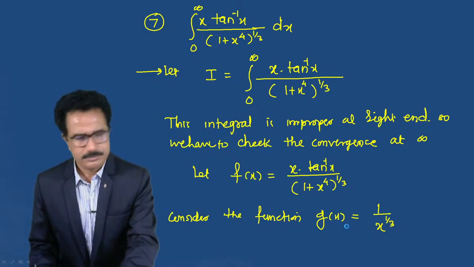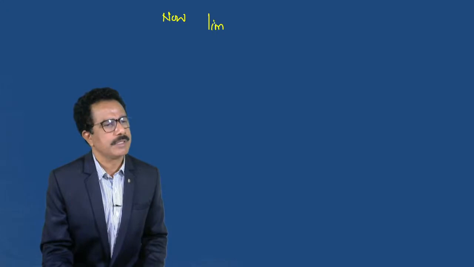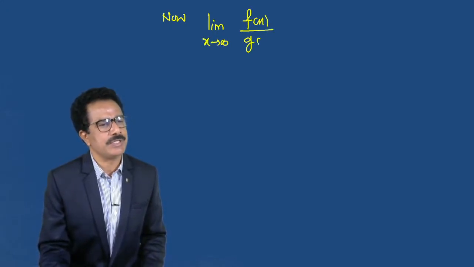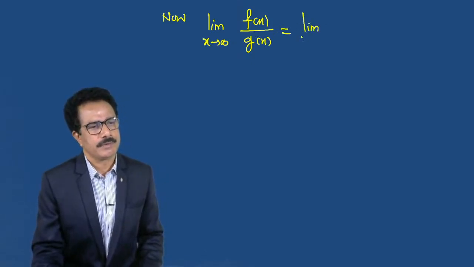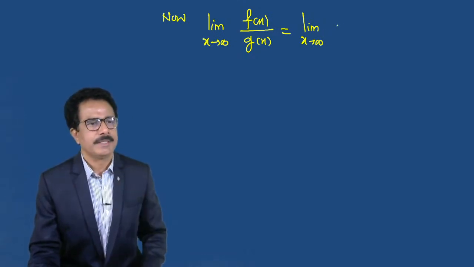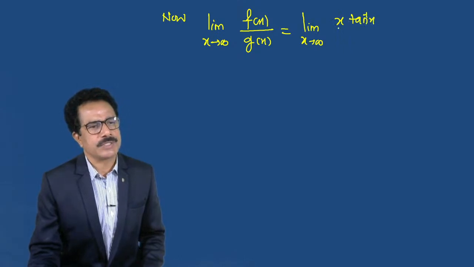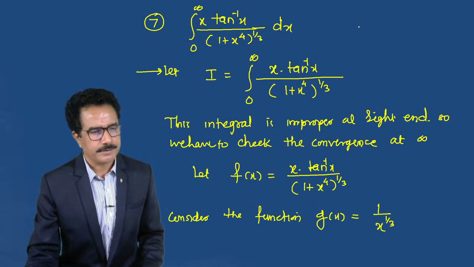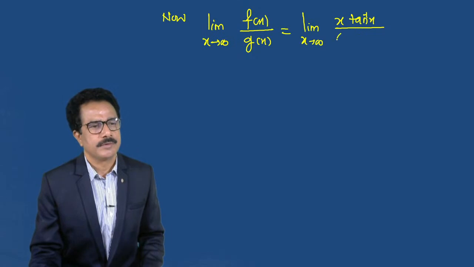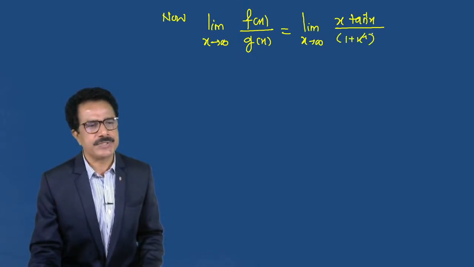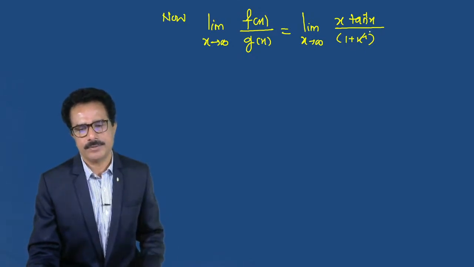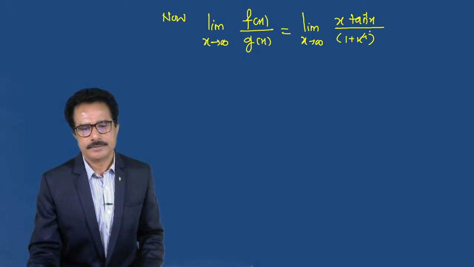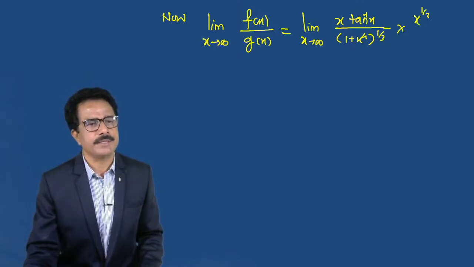Now, limit x tends to infinity f of x divided by g of x, which is equal to limit x tends to infinity x into tan inverse x divided by (1 plus x raised to 4) bracket raised to 1 by 3, into x raised to 1 by 3 upon 1.